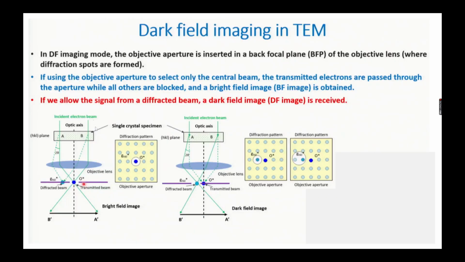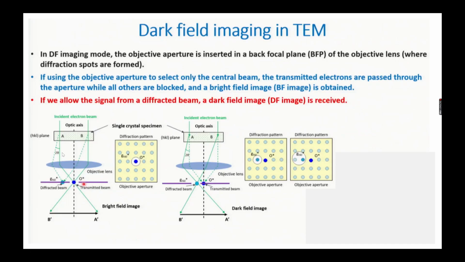Here you can see how it goes. It is for dark field imaging in TEM. So here there are some patterns. Okay, so you will get some diffraction pattern. This is for the single crystal specimen you will put here, and you will have some arrangements.